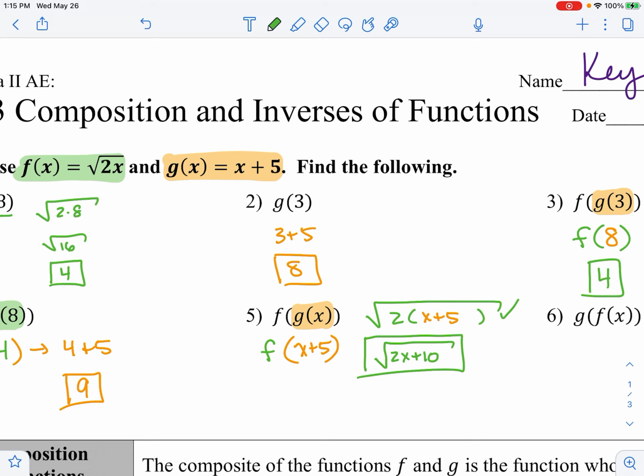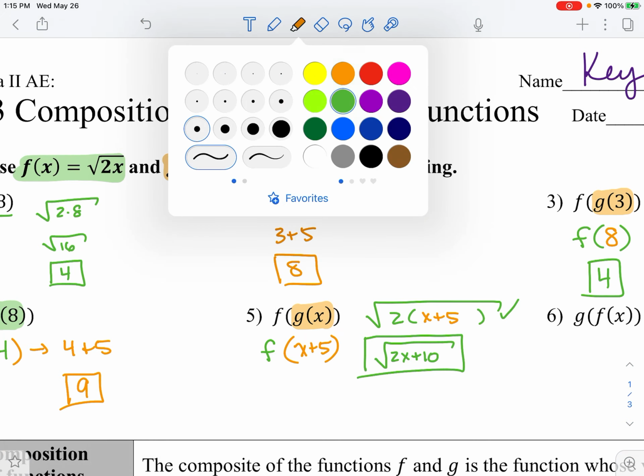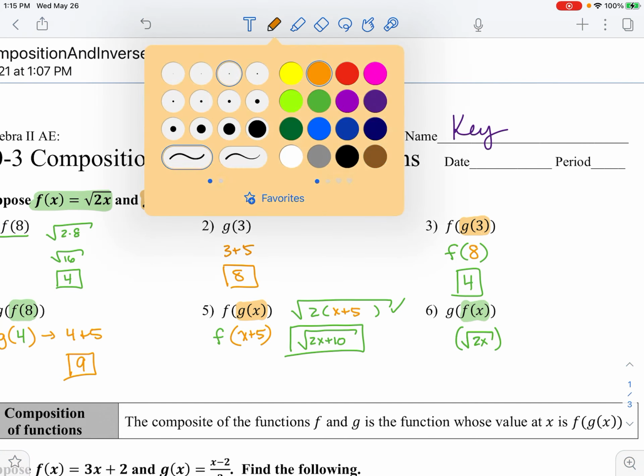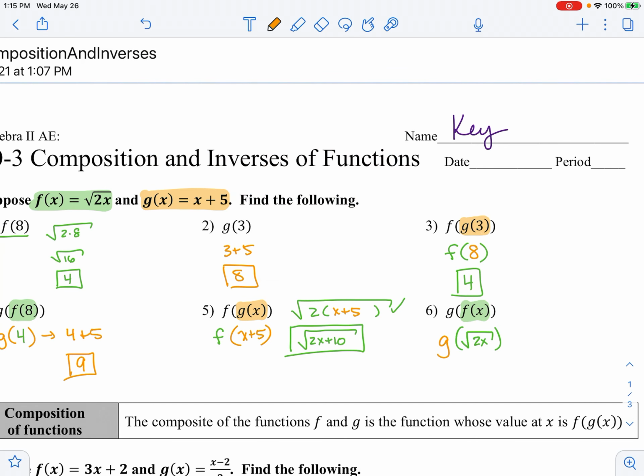We can go the other way around. G of f of x. Again, you're going to work your inside out. So here, I want f of x first. Oh wait, I know f of x. That is the square root of 2x. And what do I want to do? I want g of that. All right, so I'm going to plug into my g equation.